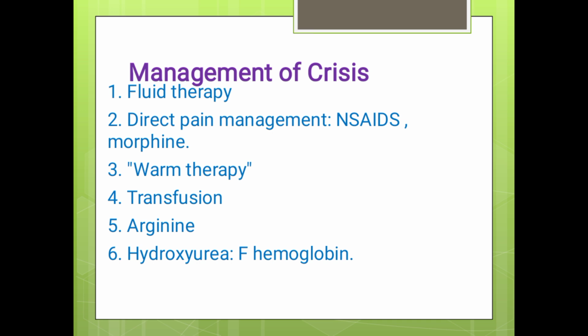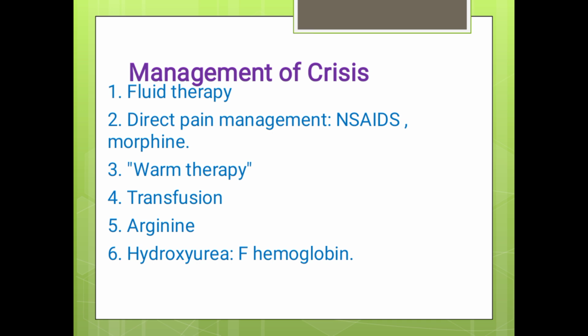So the NSAIDs also play a key role, as they help to decrease platelet adhesion. You can use a champion drug like aspirin, fine. It will help decrease platelet aggregation, and also reduce inflammation, fine. And then you can use warm therapy, because we know cold aids vasoconstriction. Warmth will also cause what?